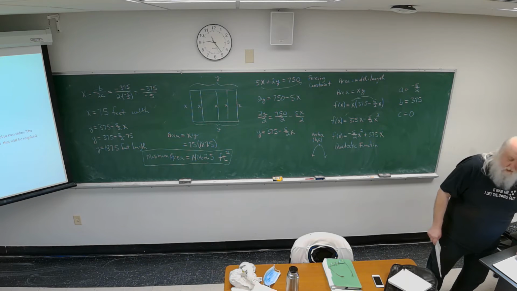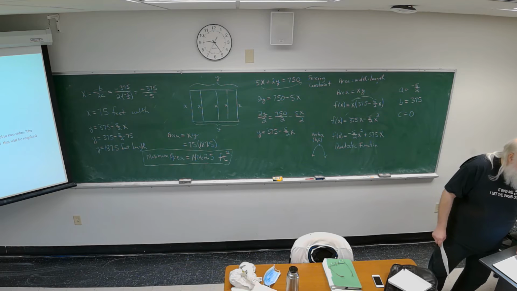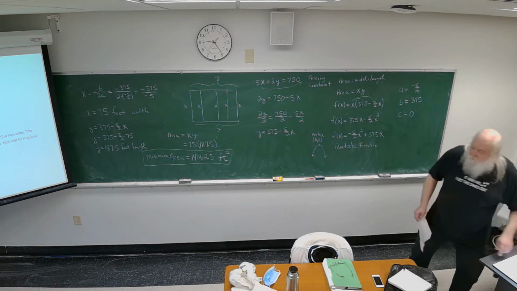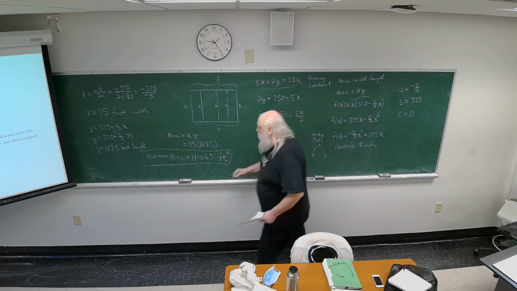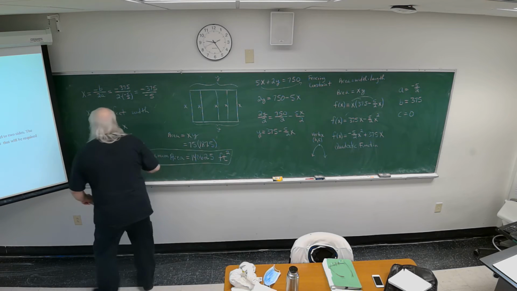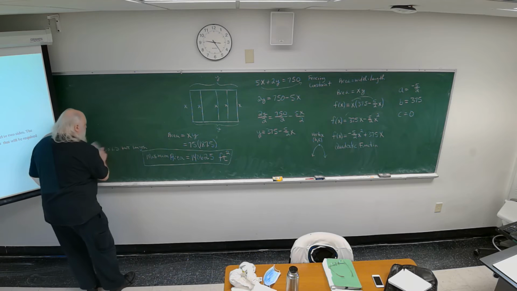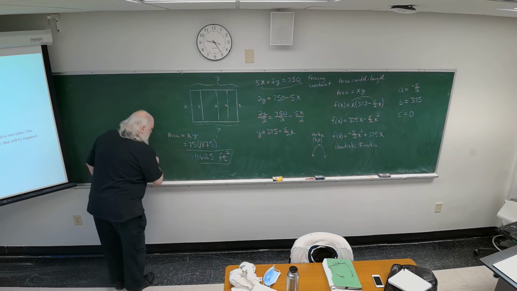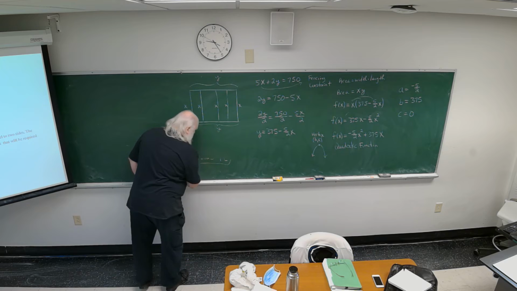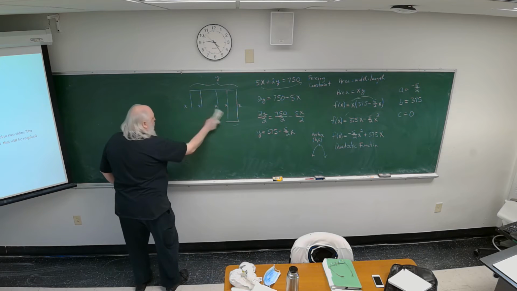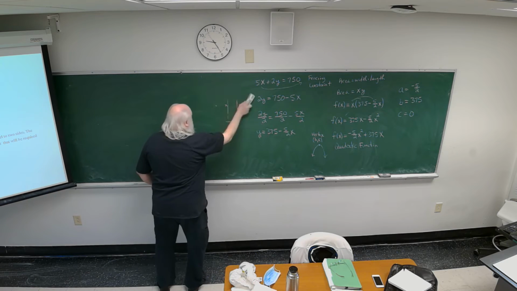There are many rectangles that we can construct that have an area of 1,000, but the perimeter is not the same. So we have to find the amount of fencing as a function of the width, where the area is fixed.